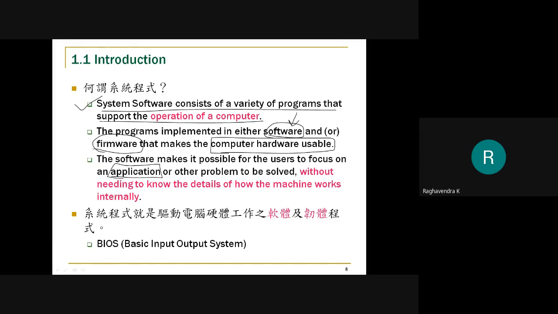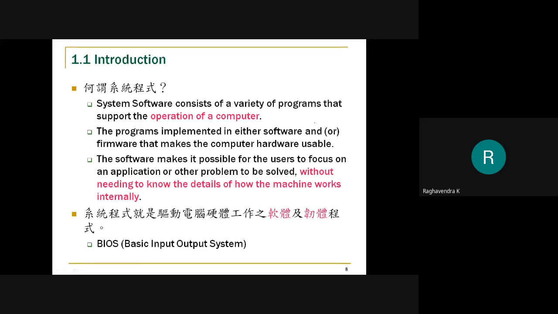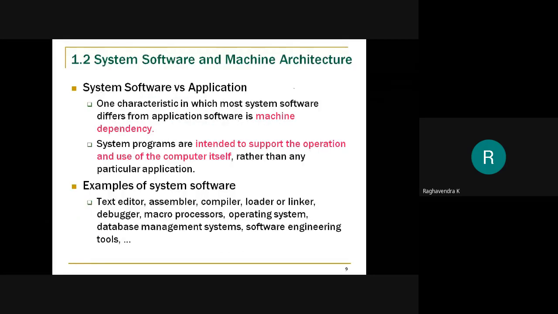This is one of the major advantages of using a system software. It makes the application programmer's job easier and lets him focus only on developing the application and not bothering about how exactly the system operates, right? So this is how we can define a system software.